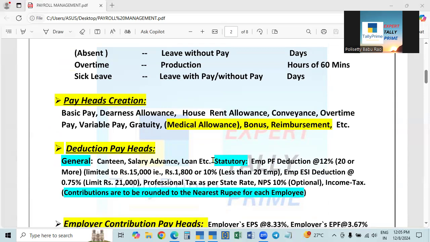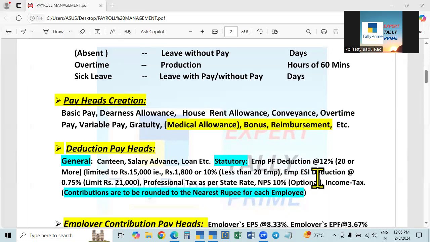In this video, we are going to learn some more deductions relating to the statute. Statutes means acts. There are some labor acts under which, when an employee joins the employment, the employer has to register their names and details under different acts like the Provident Fund Act.